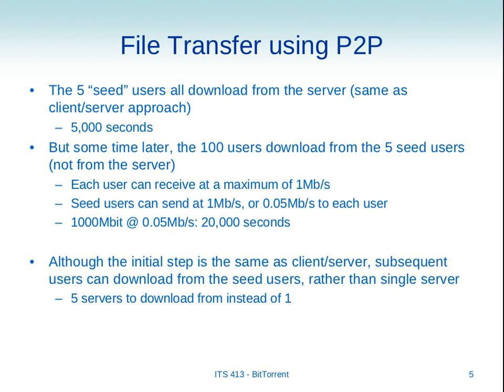So for those first 20, they can download at an average rate of 50 kilobits per second. 50 kilobits per second per user, 1,000 megabits takes 20,000 seconds for each of these 20 users to download.